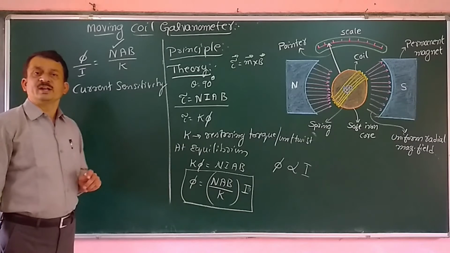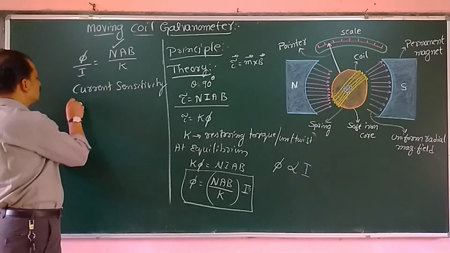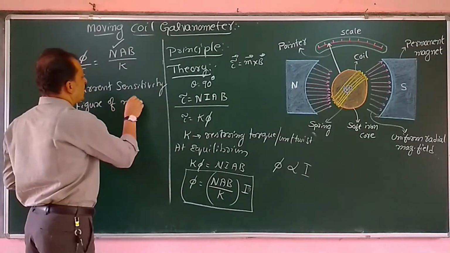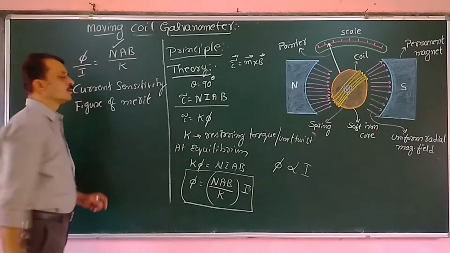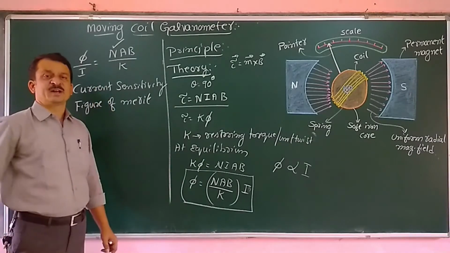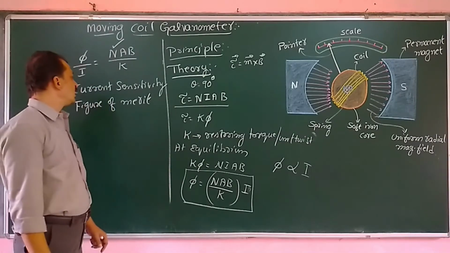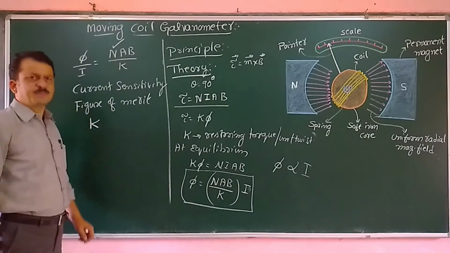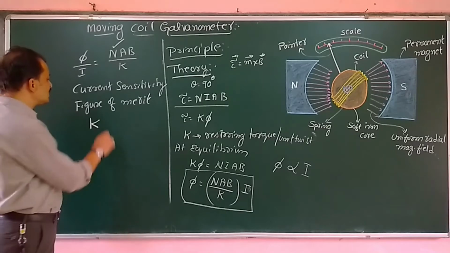There is one more quantity that we call the figure of merit of the galvanometer. You are going to do one experiment regarding this, the figure of merit of the galvanometer. It is also denoted by the letter capital K. Now what is the figure of merit?